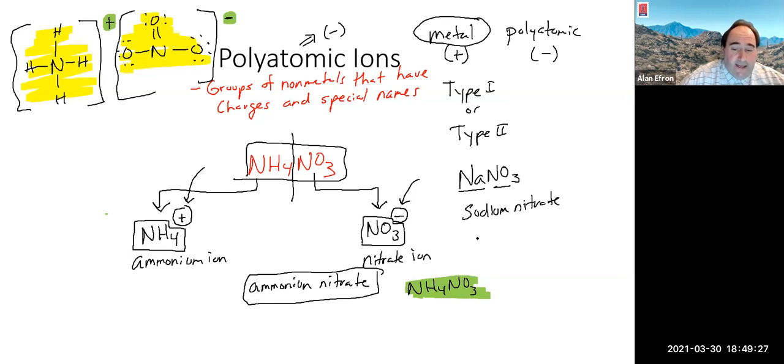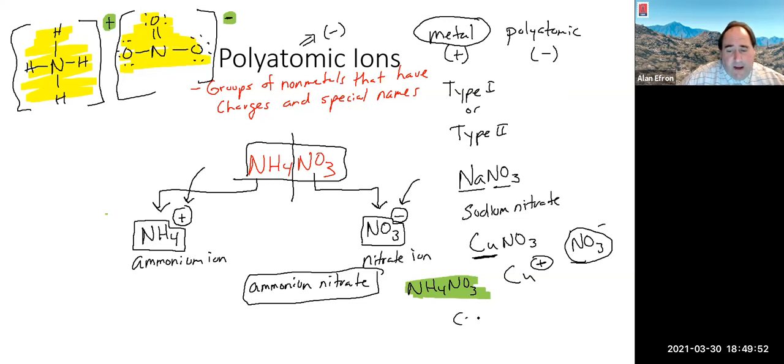Now, if we had, say, CuNO3, Cu is a transition metal. That is copper, which I'm not sure what the charge is, but I do know that the charge on the nitrate is -1, right? Which means in this case, the copper, to balance it out, must be +1. And this would be copper Roman numeral 1, just like we did for type 2.